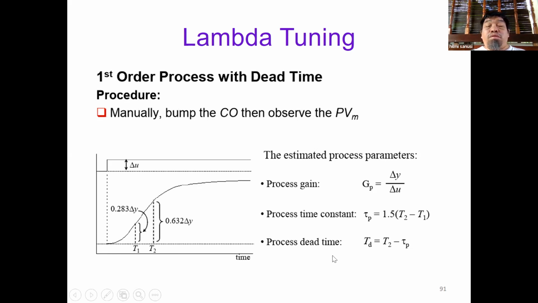T2 minus the tau, so this will be your dead time. So this is basically what you want to calculate. The gain is delta Y over delta U. So this is the gain.